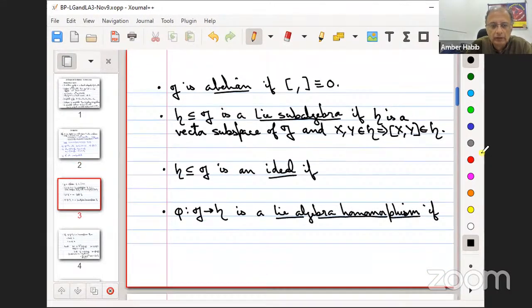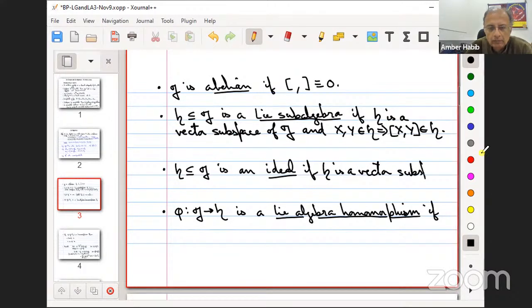Okay. Then we also have a definition of ideal. So what's an ideal? Again, it should be a vector subspace of G. But now the bracket requirement is stronger.